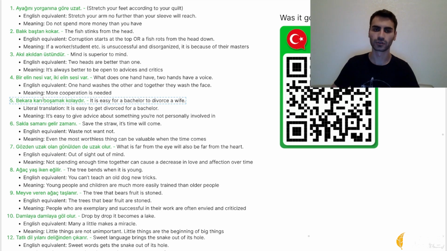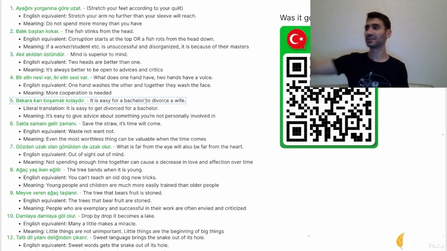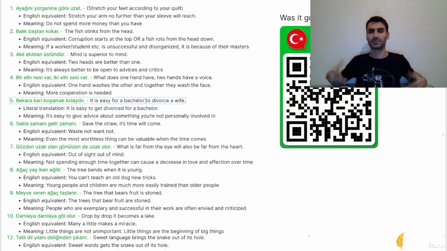Hanım also. Boşamak is to divorce. Easy, kolay. It's easy for a bachelor to divorce a wife because he doesn't have one. He can say, yeah, just divorce someone, but it's easy for him because he doesn't know the hardships.